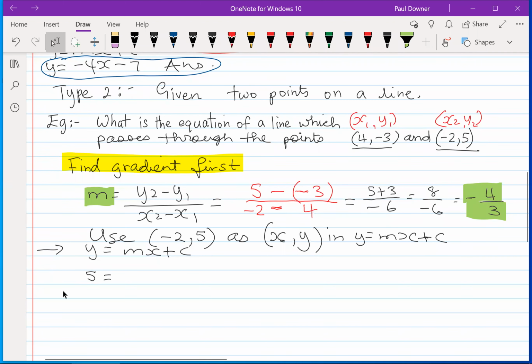What am I going to use for m? Well, look, m here, calculated, worked out to be -4 over 3. So where I see m, I'm going to put that number in. Let's write it in, -4 over 3. Plus c. Well, just like the one we did earlier, c was the thing that was missing after we put in all the things that we knew. So that means we have to solve for c. All right, well, if 5 is equal to -4 over 3 plus c, then 5 plus 4 over 3 must be equal to c. How do I do that?